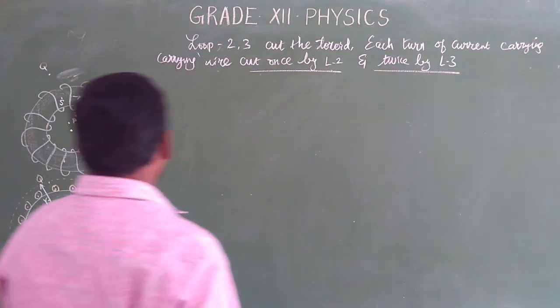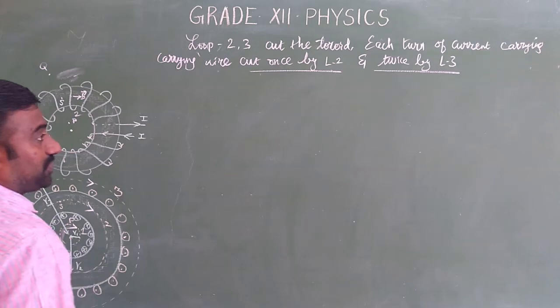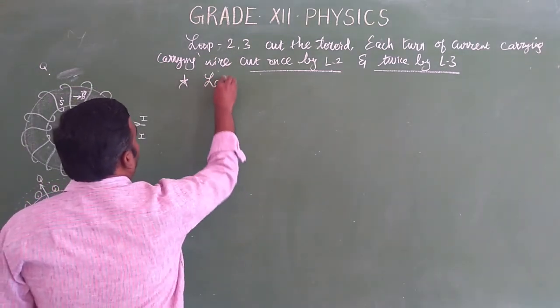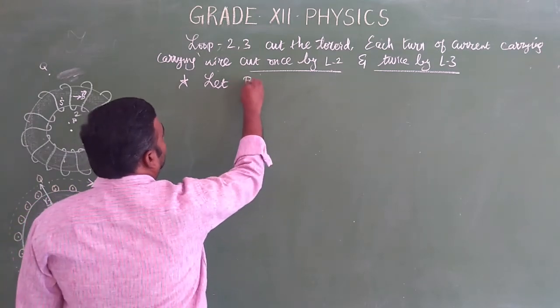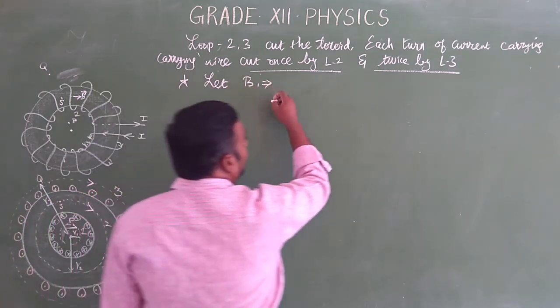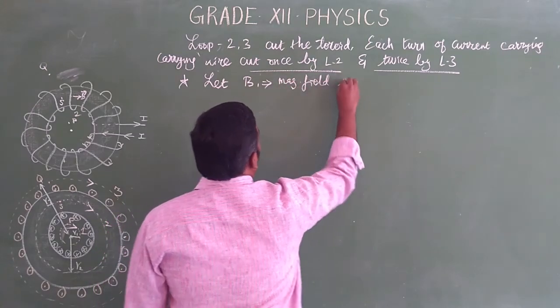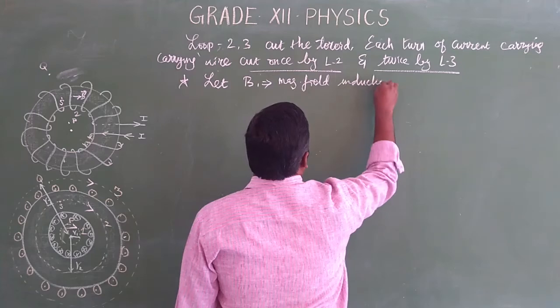So now we are going to calculate the magnetic field at each point. First, let B1 be the magnetic field induction along loop 1.